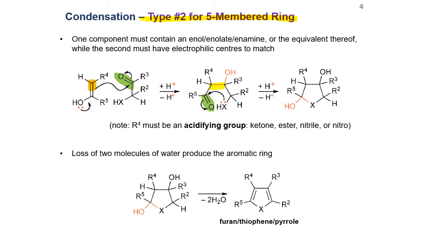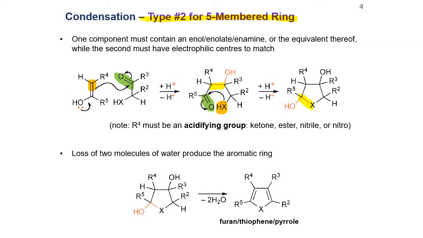And if another molecule already has a halogen installed, you can use the lone pair of the heteroatom to attack the carbonyl group to form a carbon-heteroatom bond. So in total, you form 1 carbon-carbon bond and 1 carbon-heteroatom bond.